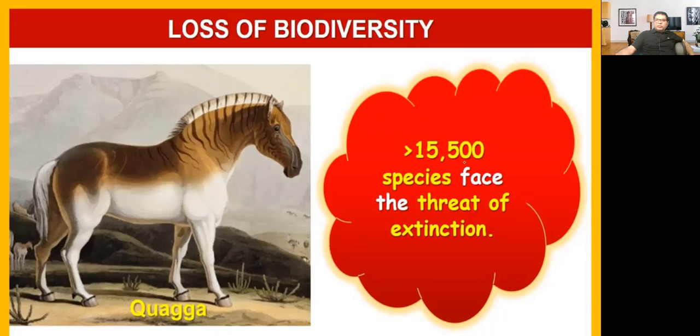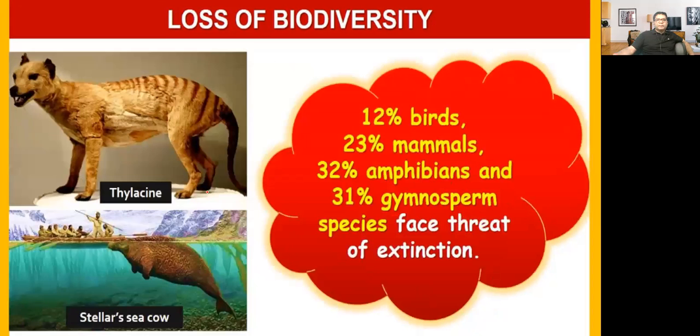More than 15,500 species face the threat of extinction. 12% of birds, 23% of mammals, 32% of amphibians, and 31% of gymnosperms face the threat of extinction.